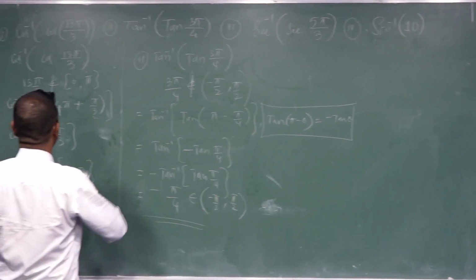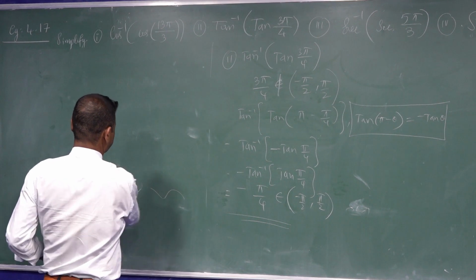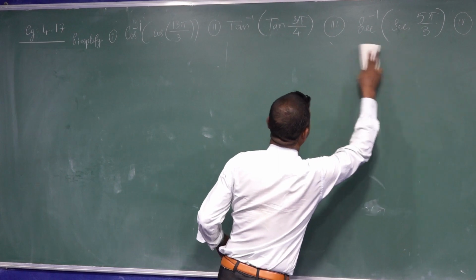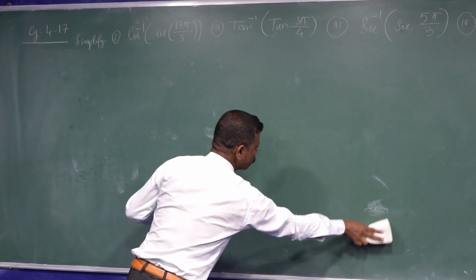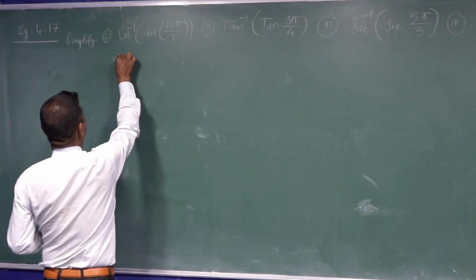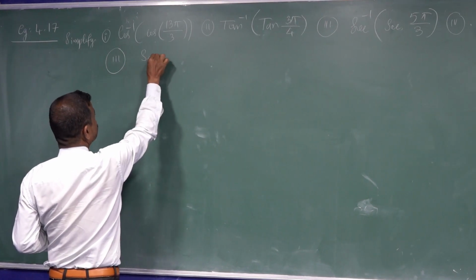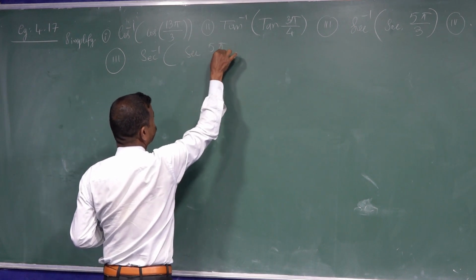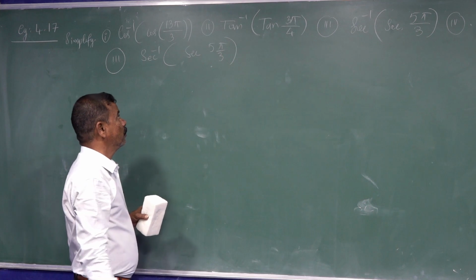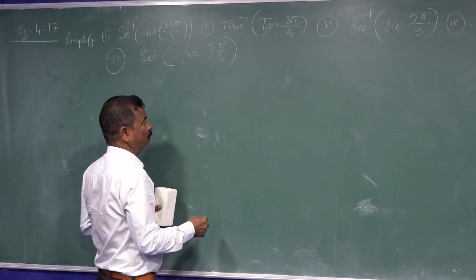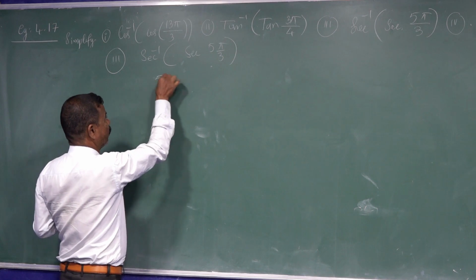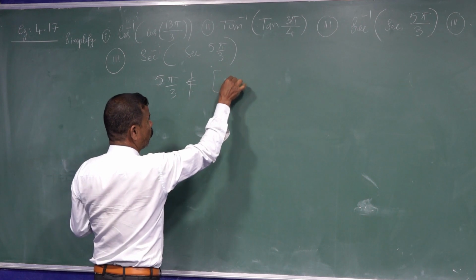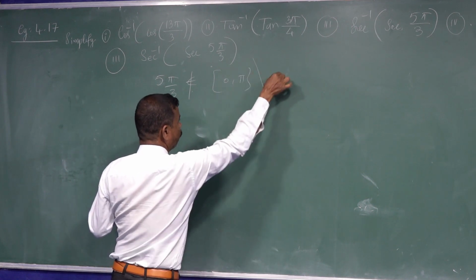Next, third problem. Sec inverse of sec 5π/3. This 5π/3 does not belong to [0, π] excluding π/2.